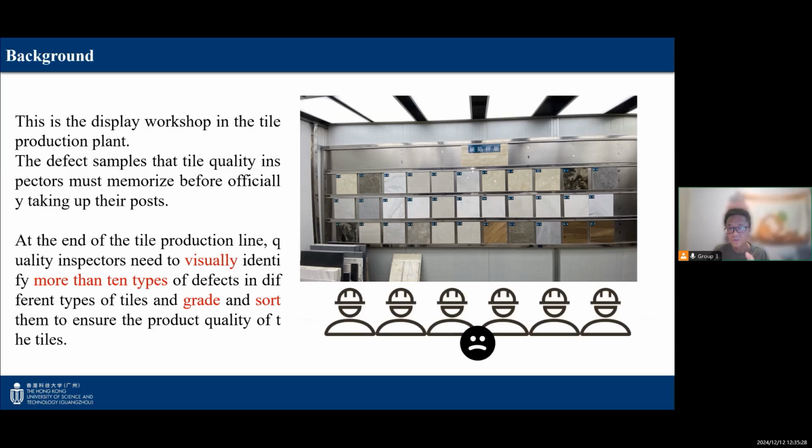This is not just an exam. Every day, the workers need to identify, grade, and sort. This is very terrible and exhausting.